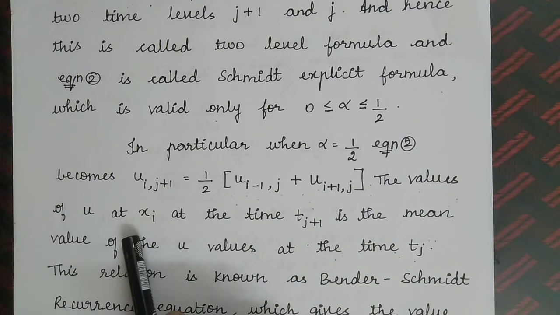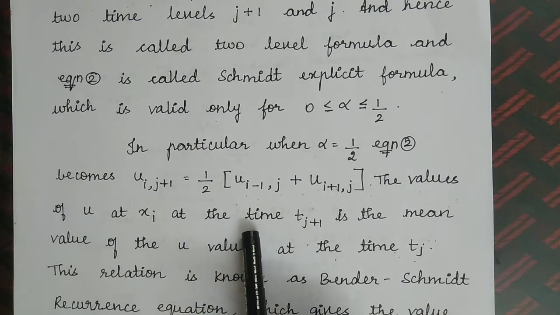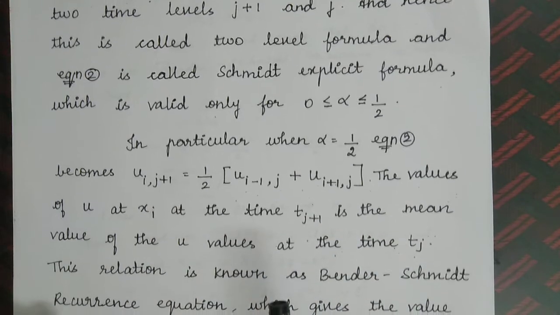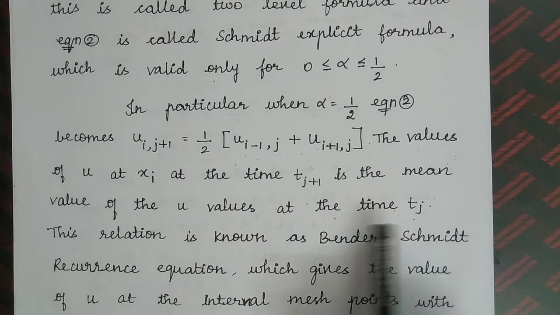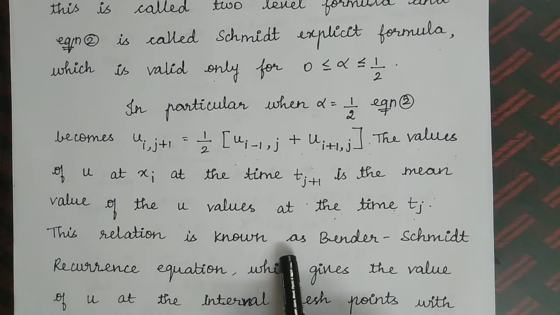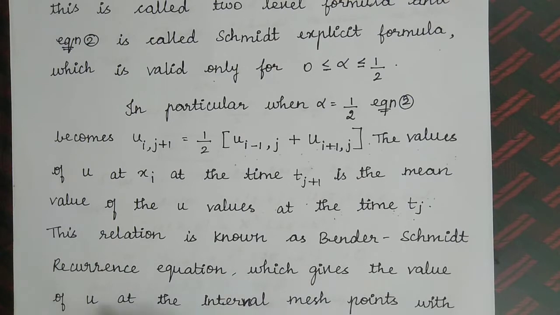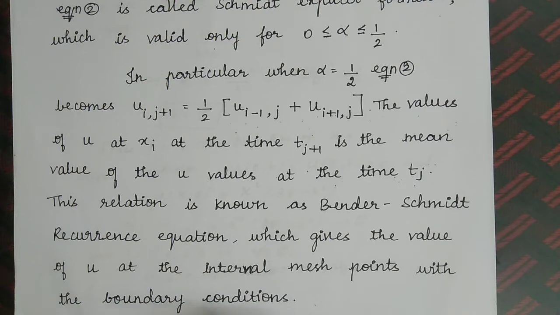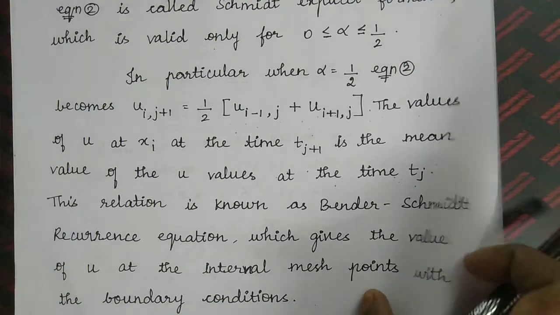The value of u at x_i at time t_j+1 is the mean value of the values of u at time t_j. This relation is known as the Bender-Schmidt recurrence equation, which gives the value of u at the internal mesh points with the boundary conditions.